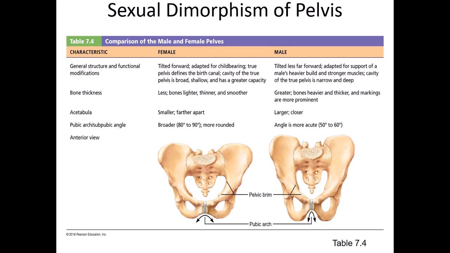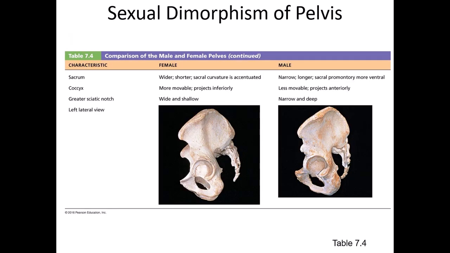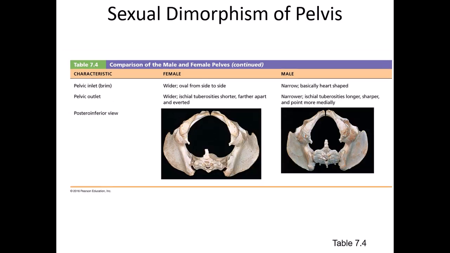So the dimorphism described here between the male and the female is, again, largely making a bigger pelvic outlet for the baby to be able to fit through. You can read more about that in the lab manual as well. You can see here from this inferior view, there's a much bigger space for a baby to get through in the female than there is in a male. And that's the shape of the pelvic outlet that you're looking at from this view.